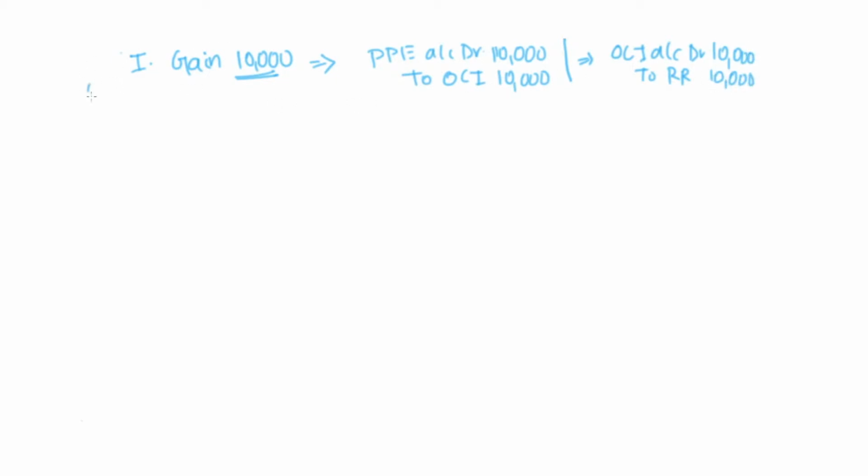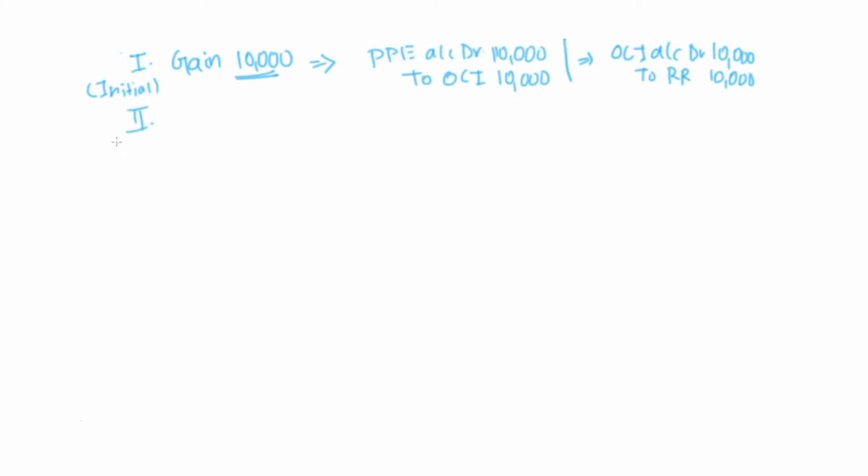So in respect of this, the accounting treatment would be property, plant and equipment account debit by $10,000 to OCI $10,000, which means subsequently the OCI will be transferred to revaluation reserve by $10,000. So this is the case of initial gains or initial revaluation.